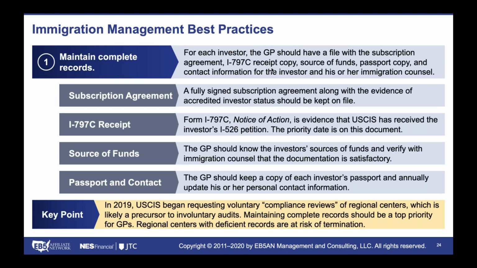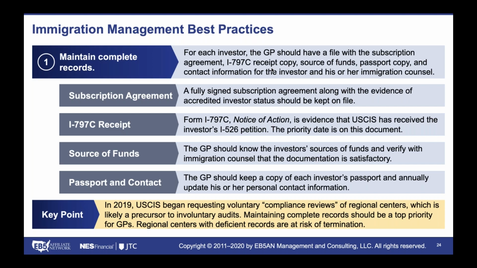On the complete records portion, you want to have everything related to that investor, including their subscription agreement, their passport, their source of funds information, and everything that would be required, both from an SEC compliance and also from a U.S. immigration compliance standpoint. This includes all of the correspondence with USCIS, the I-797 notice that USCIS did receive the application.